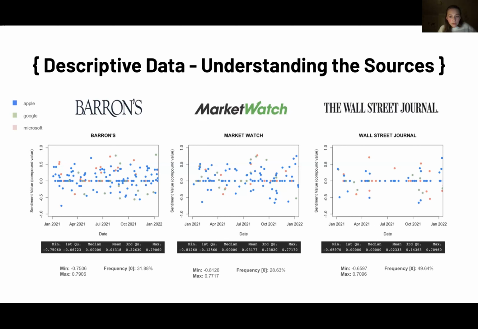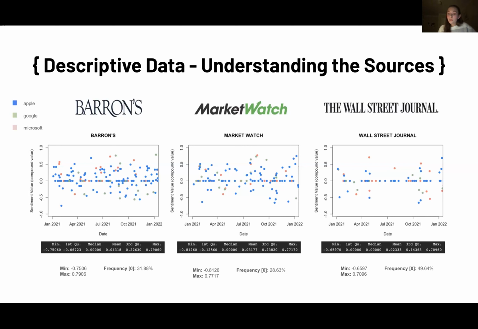Although Barron's does have a very strong positive value or maximum, the Market Watch third quartile does show to be higher than the third quartile of the Barron's one, which shows that it's generally more inclined to be positive than Barron's is, although Barron's has the most positive article in the data set.